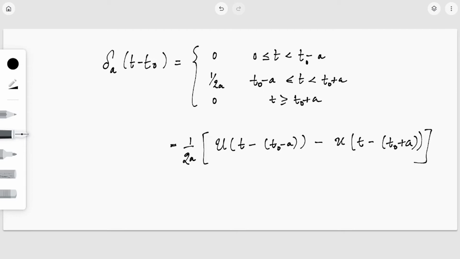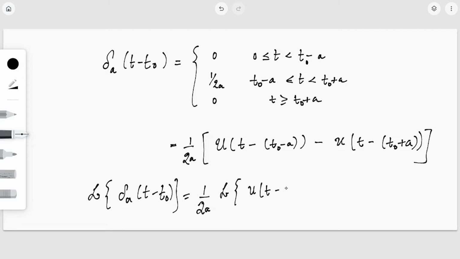Okay, so let us determine the Laplace transform of this unit impulse function, that is delta a of t minus t dot, which will be equal to 1 by 2a common, times the Laplace transform of the unit step function t minus t dot minus a, minus the unit step function t minus t dot plus a. You can just expand these two terms and see whether this is the same. It will be the same according to the definition of the unit step function.